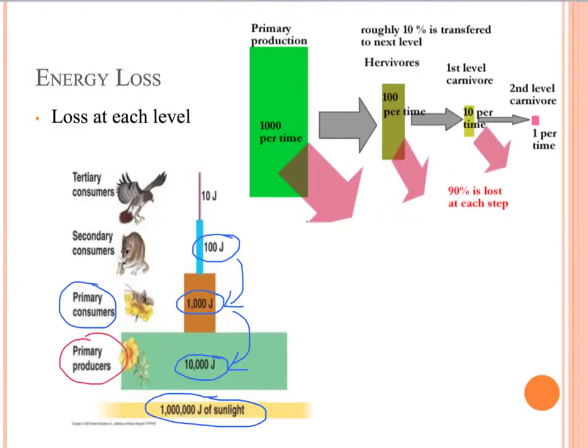So at every step we're losing enormous amounts of energy, and the higher up you go, relatively the more expensive each one of those joules becomes. Because if we were to say 100 joules of herbivore energy would actually only require 1,000 joules of producer energy.